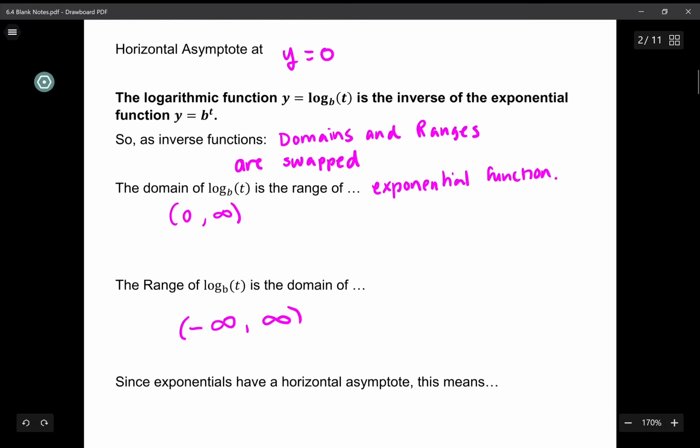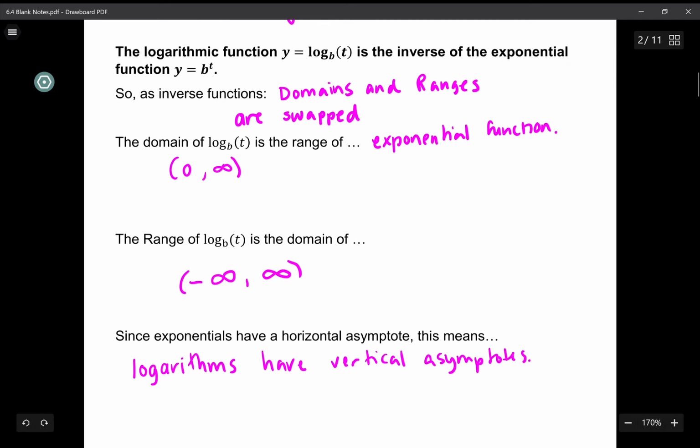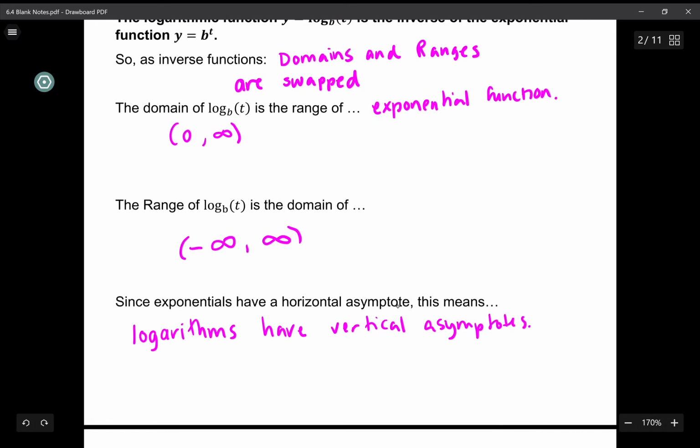Since exponentials have horizontal asymptotes, if we take a horizontal asymptote and swap it, logs have vertical asymptotes. And the basic one, just log base b of t, is going to happen at t equal to 0. So the y-axis is going to be the vertical asymptote for an unshifted log.